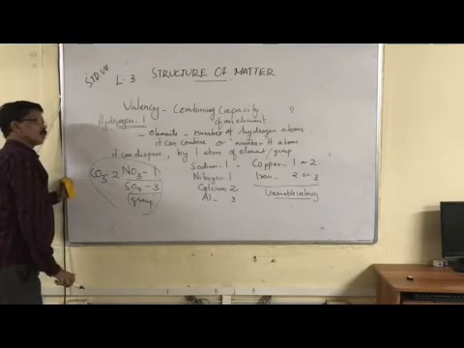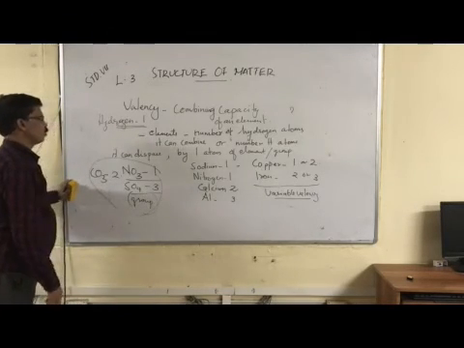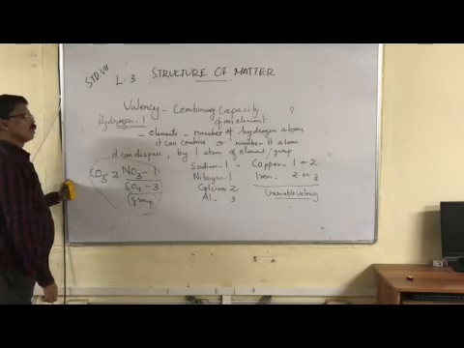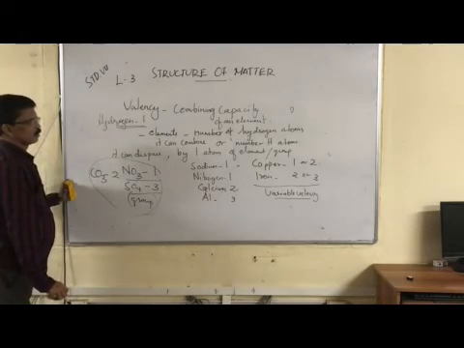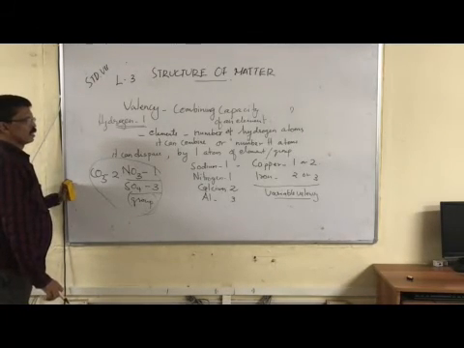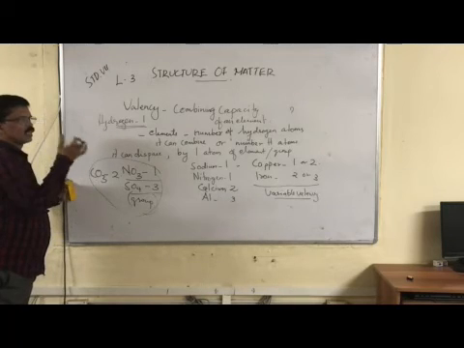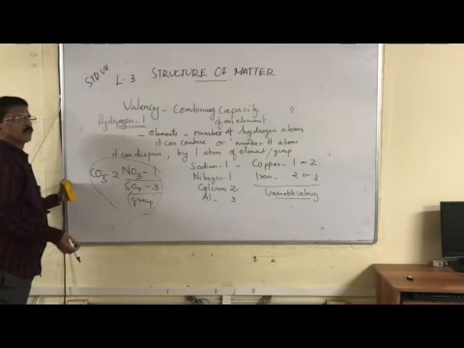So valency is the combining capacity of an element or group. How many hydrogen atoms can the element or group combine with or displace? The number of hydrogen atoms it can combine or displace.